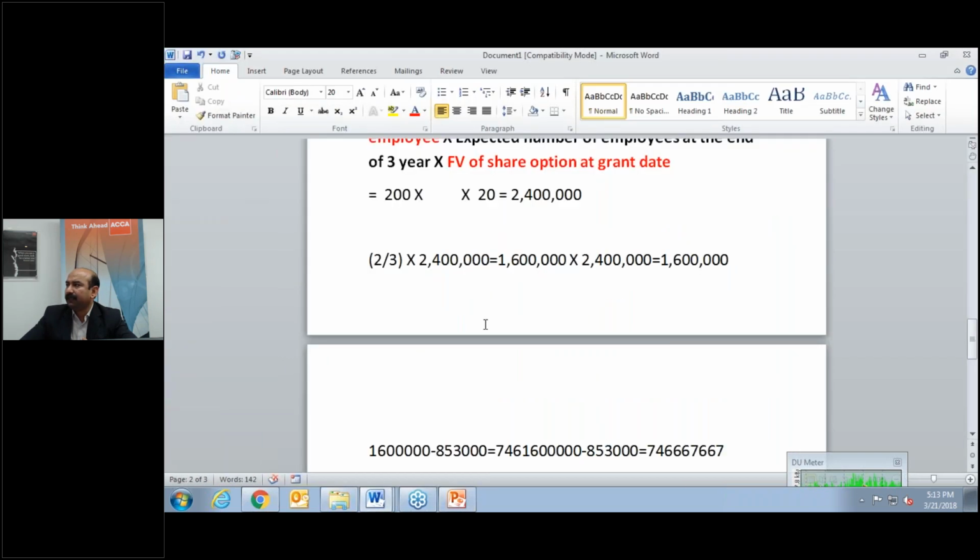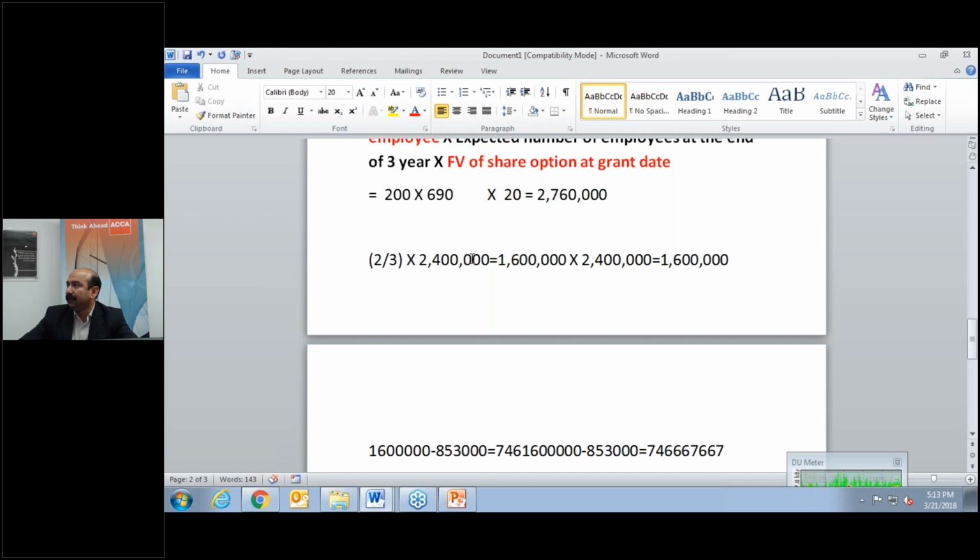So this is the new situation, which will give us the picture at the end of the vesting period. So I shall be recalculating it, and this will give me 27 lakh 60,000.